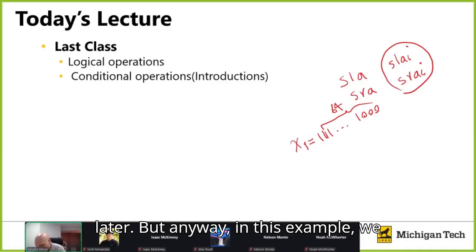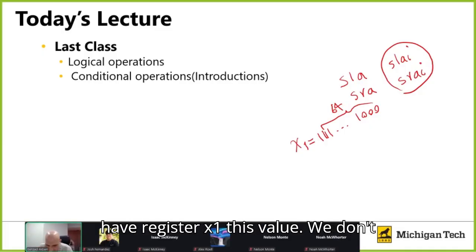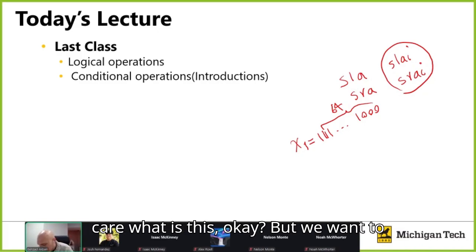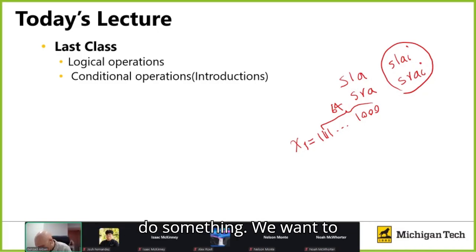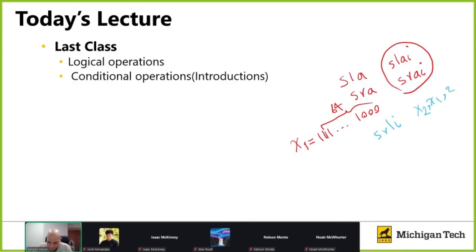But anyway, in this example, we have register x1, this value. We don't care what this is, okay? But we want to do something. We want to shift right logical immediate x1, 2 bits, and put it in x2.